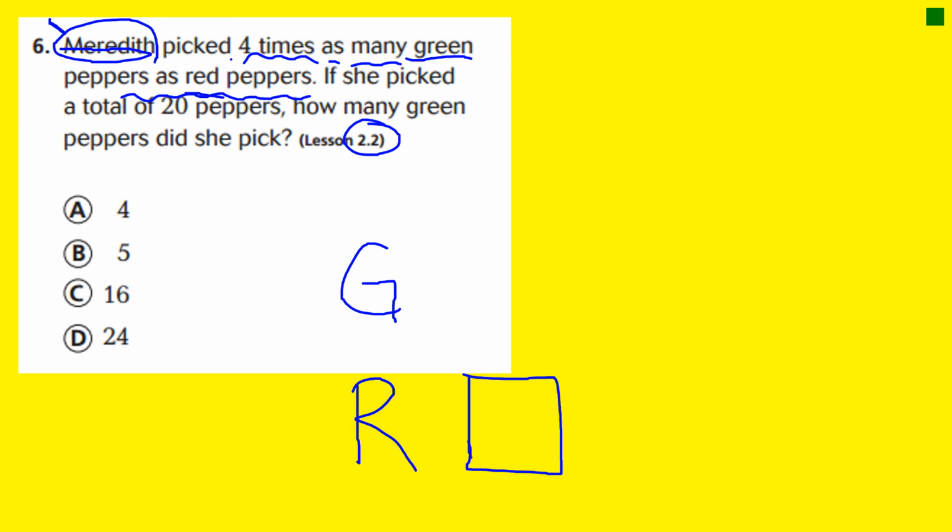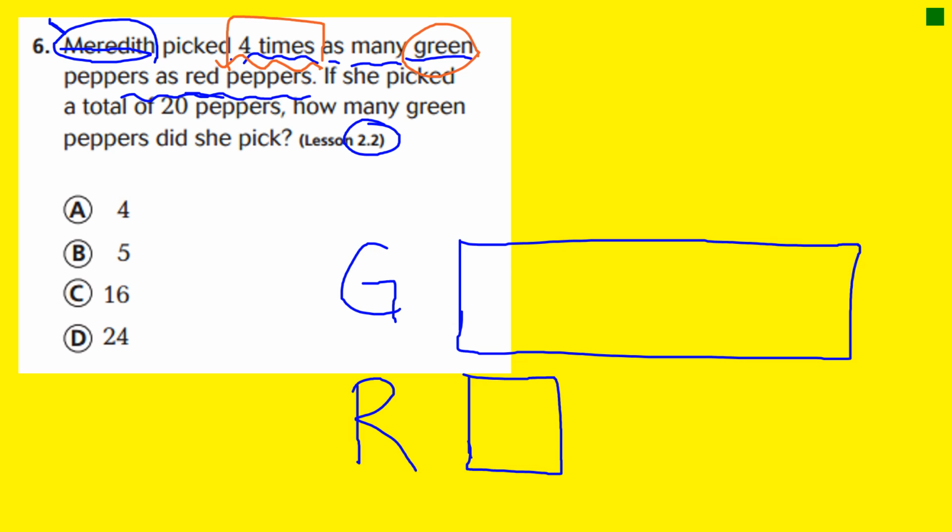They get 1 set. The green peppers, how many squares do green peppers get, boys and girls? Go back up into the problem and say, what did it say again? There were 4 times as many green peppers. So that gets 4. And if you want 4 boxes, remember, draw a rectangle and draw 3 lines.